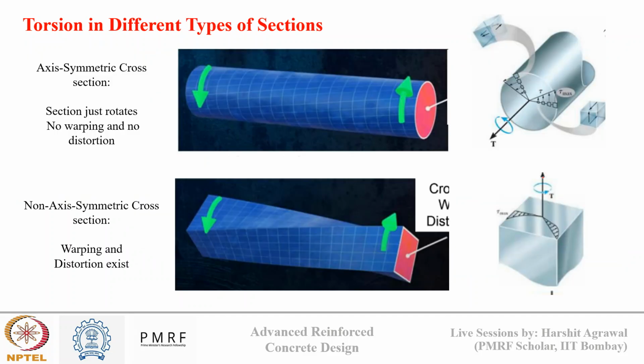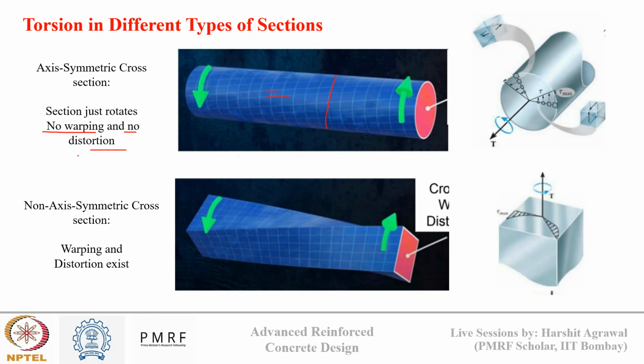Now the way stresses are generated due to torsion can vary based on the dimensions of a reinforced concrete member. In the case of an axisymmetric member like a circular RC member, the section just rotates about the vertical line. You see the vertical lines are the same, however the horizontal lines are getting rotated. So we can say that there is no warping or distortion happening in this section.